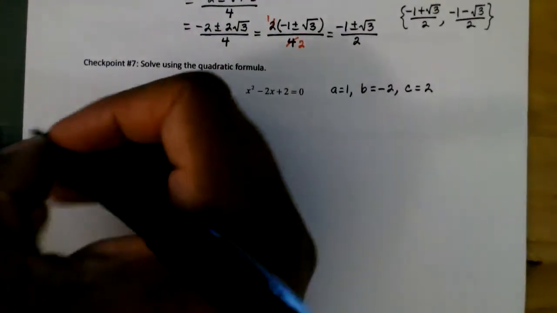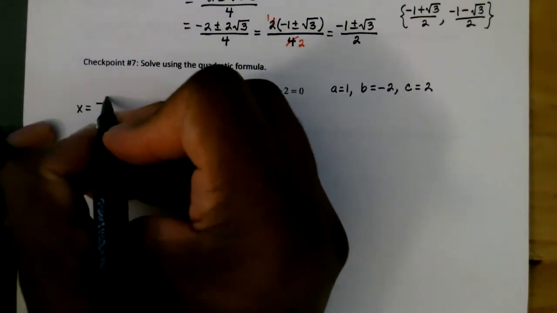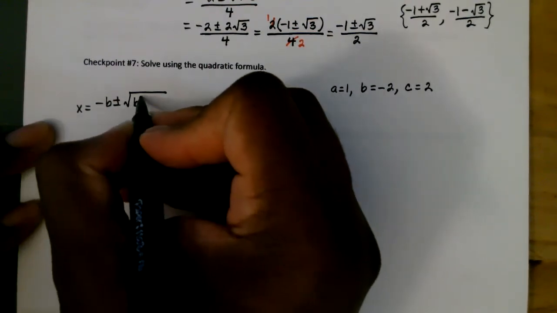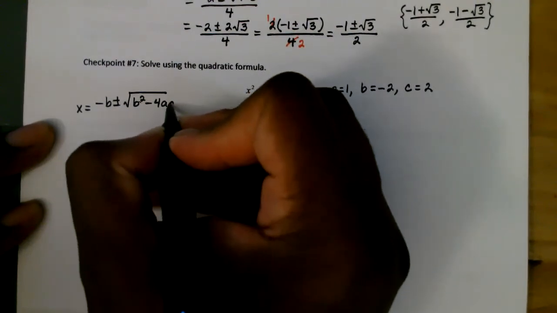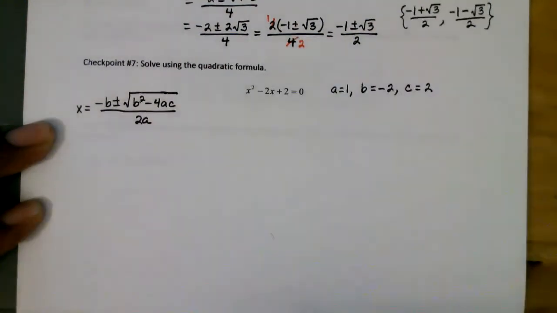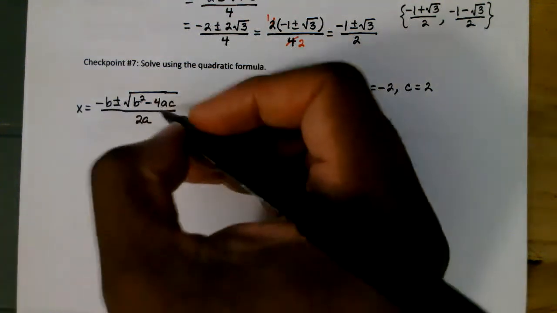And now let's use our quadratic formula, which is x is equal to negative b plus or minus the square root of b squared minus 4ac, all divided by 2a. Let's do our substitution here of a, b, and c.